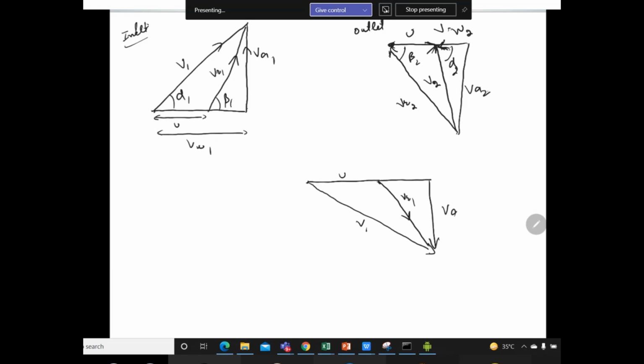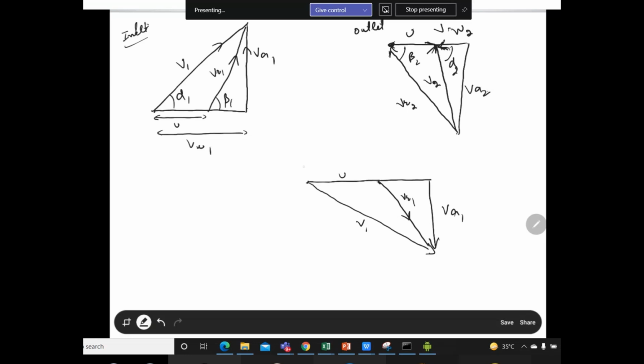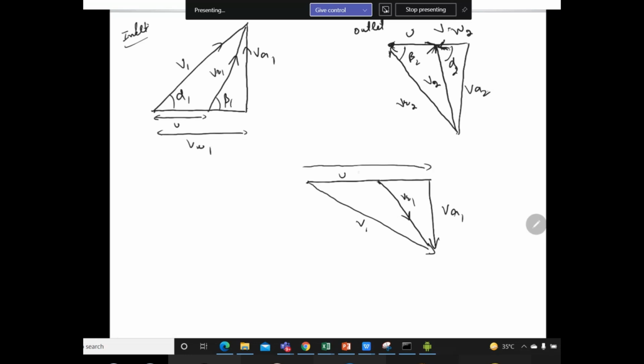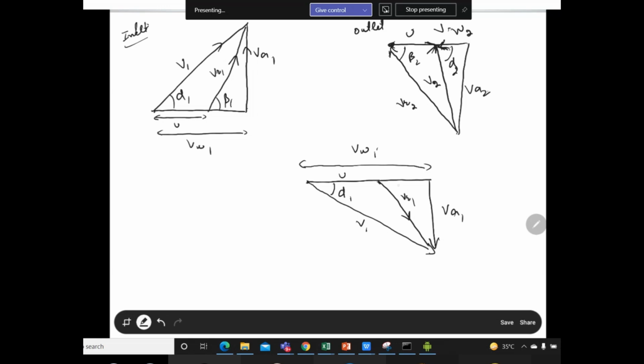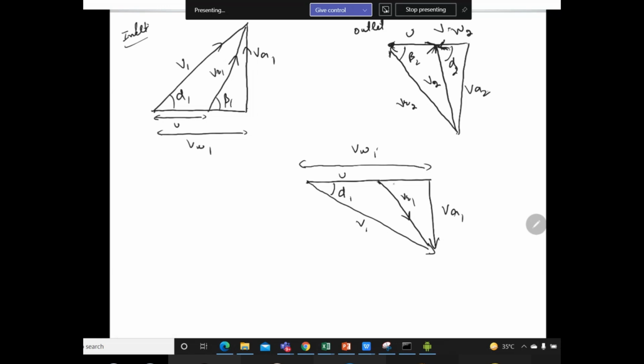So this is VA1, and this whole is basically VW1, and the angle here is alpha 1, and here we have beta 1.